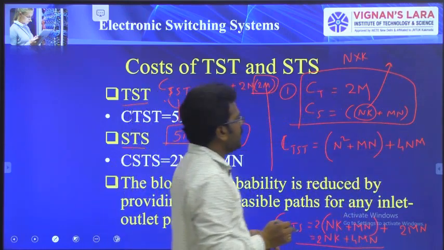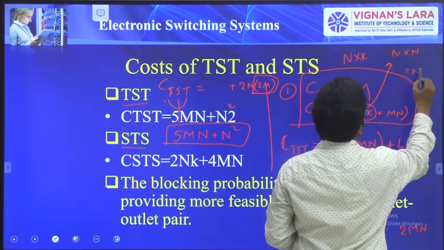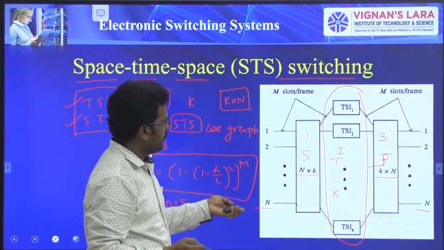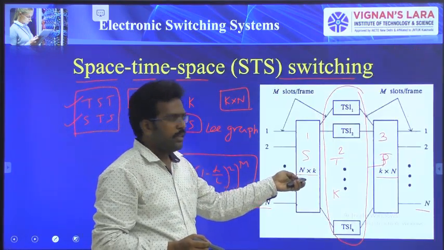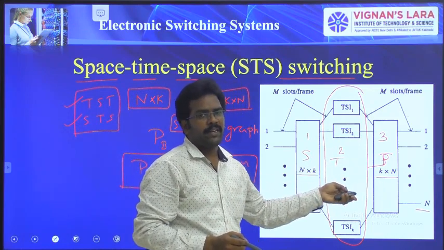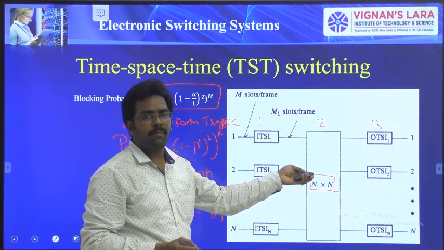If it is N cross N, it is N squared. In the case of STS it is NK plus NK, so 2NK plus 2MN. Here, N cross N, so I have to use N squared plus MN.